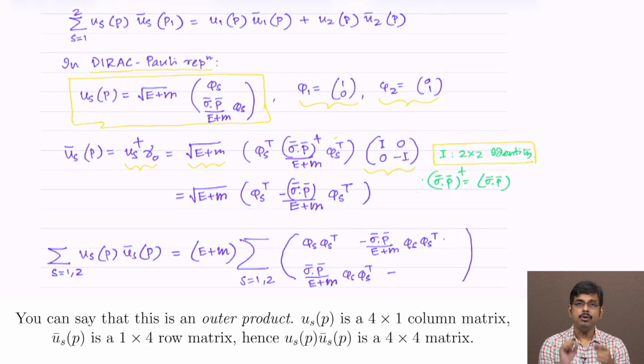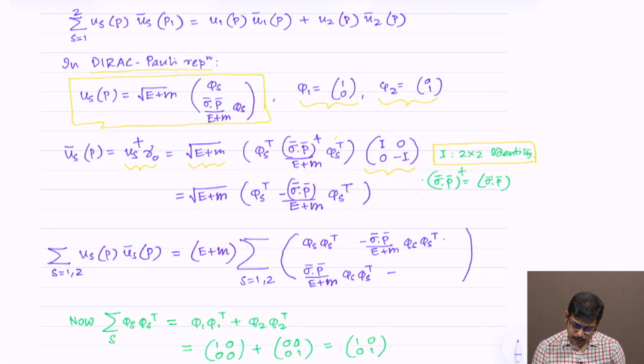You take the first element of U_s(P), phi_s, and multiply with the first element of U_s bar, which is phi_s transpose, and that gives you the 1 component of this matrix. Then you take the second element of this row matrix of U_s bar(P), which is minus sigma dot P by E plus M phi_s transpose, and that gives you the 2 component of this square matrix.